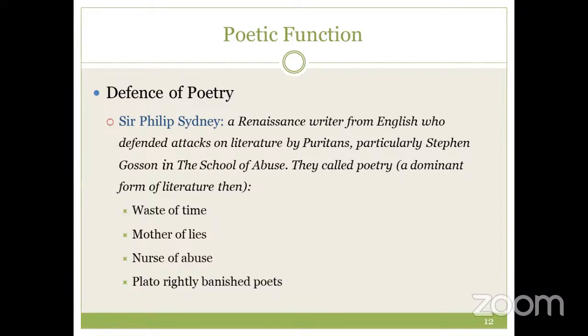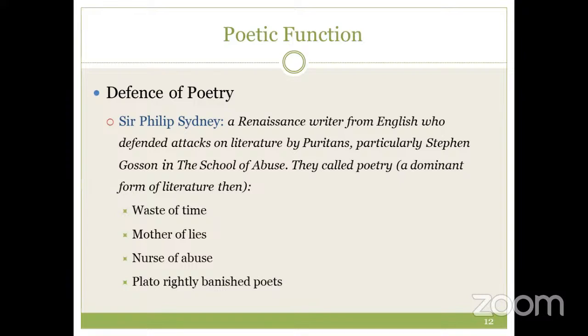And the last point is, whatever Plato suggested regarding poets, that it is right. Poets should not be allowed to produce literature in a society, because eventually they mislead people and thereby mislead the society.